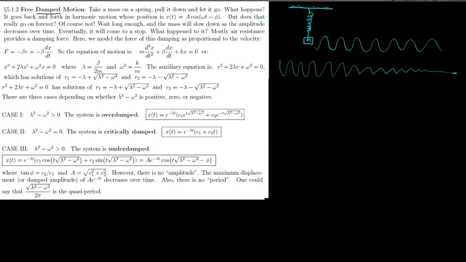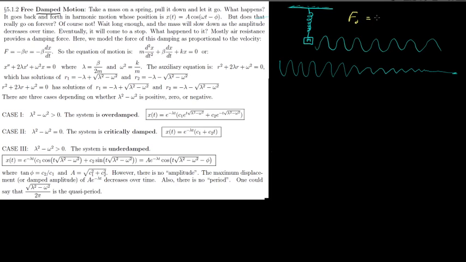And the reason is because this weight is moving through air, and air is a medium that provides some sort of drag on the weight, at least over time. Air is not a very viscous medium by any stretch, but it does provide some damping force. Generally speaking, the force of the damping is going to be proportional to the velocity, in other words, how fast it's moving.